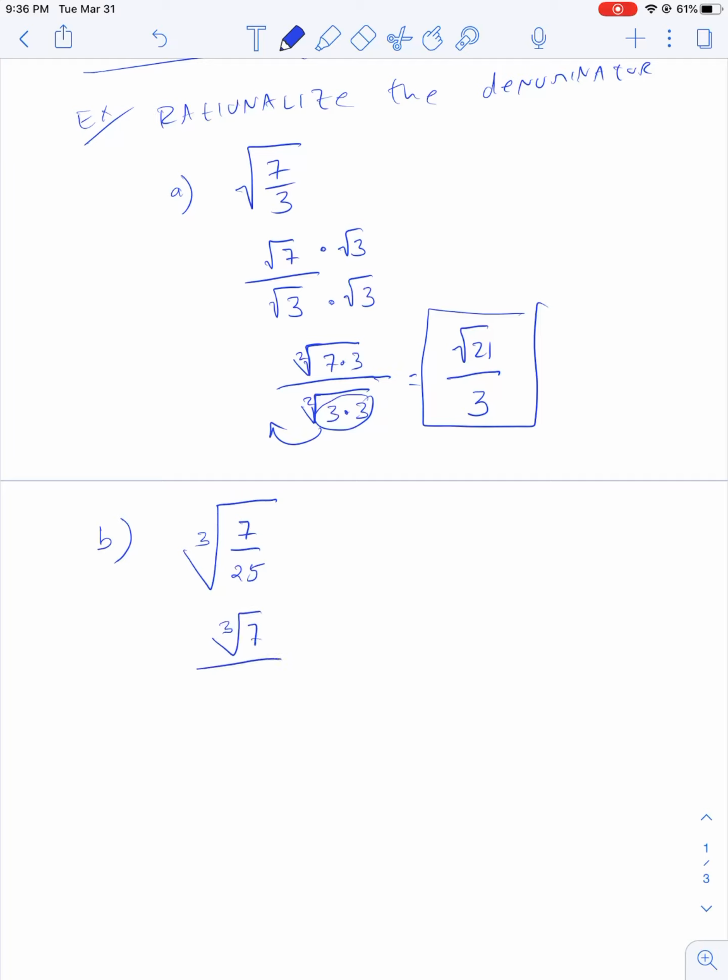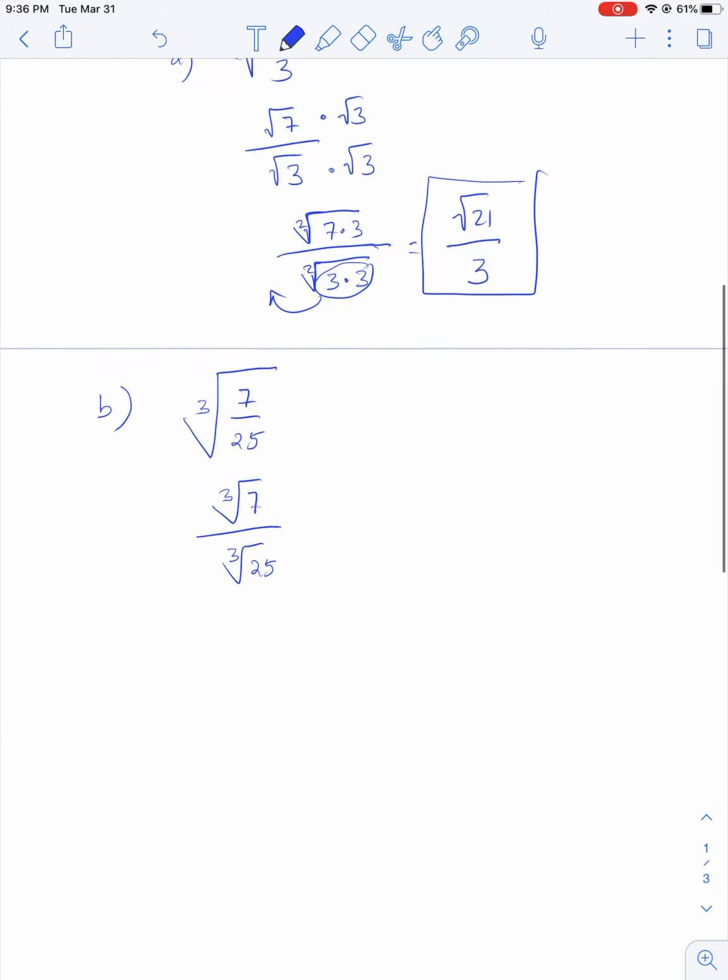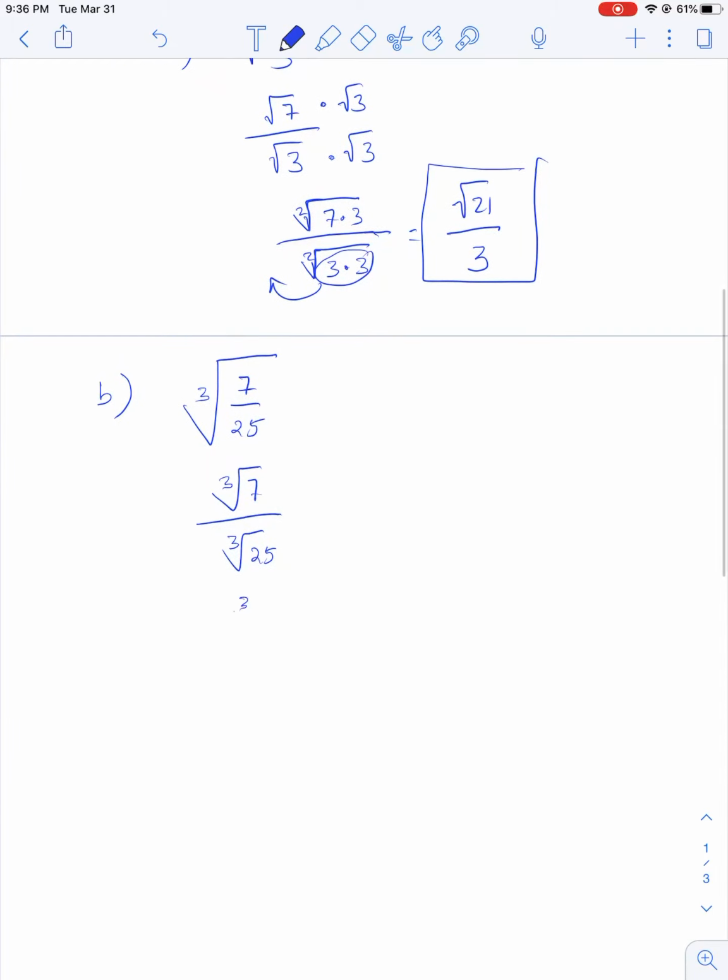The third root of 7 over the third root of 25. All right, let's take a look here. This example is a little different from the previous one because our index is 3. All right, if we prime factorize, on top we can't do anything, but we know that 25 is a 5 and a 5. So now we have 5 times 5.